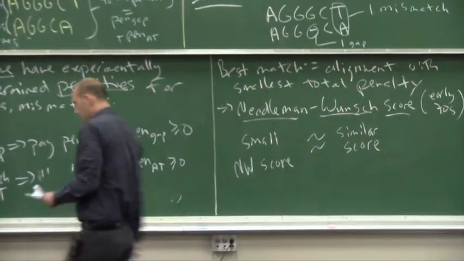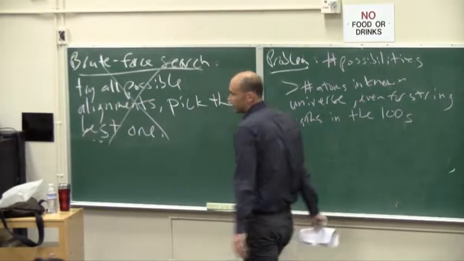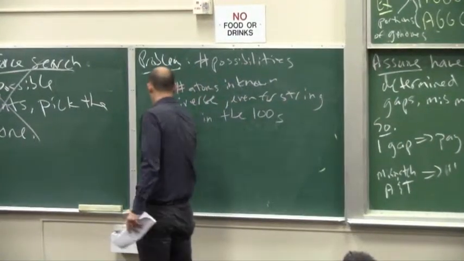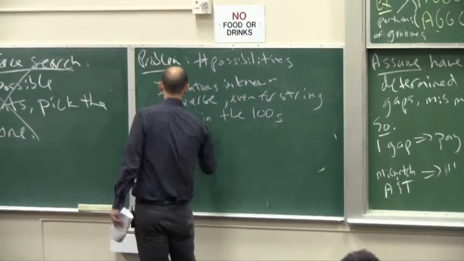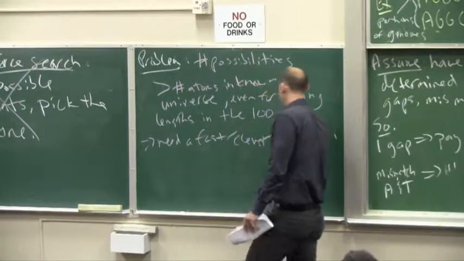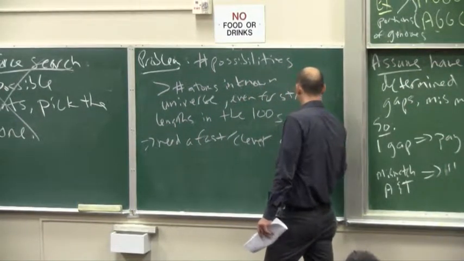Okay? So this is not okay. Sometimes you can get away with brute force search. Alignments is not one of those cases. So instead, we need a fast, non-trivial algorithm, some algorithm which is sort of clever.